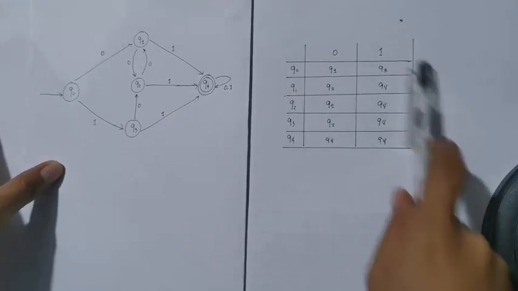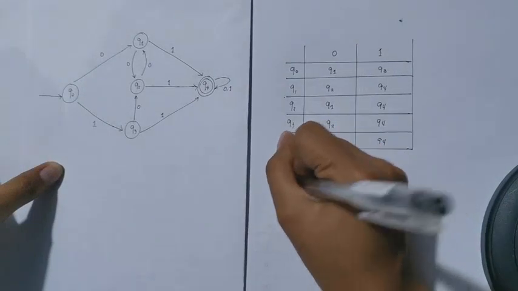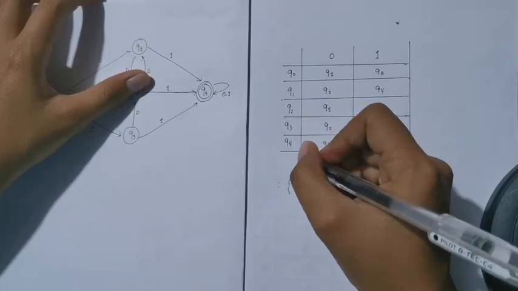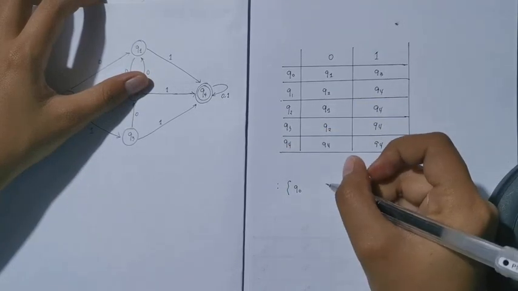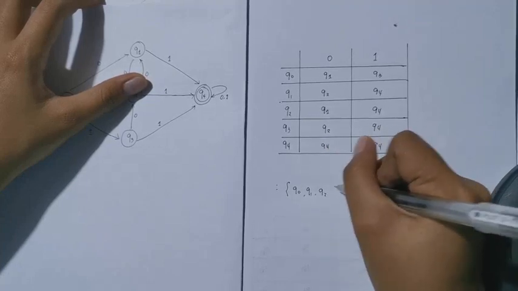Now from the table, we will try to compare the states. The first set would be the non-final states, which are Q sub 0, Q sub 1, Q sub 2, and Q sub 3.